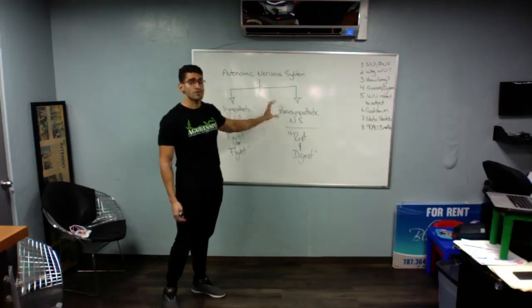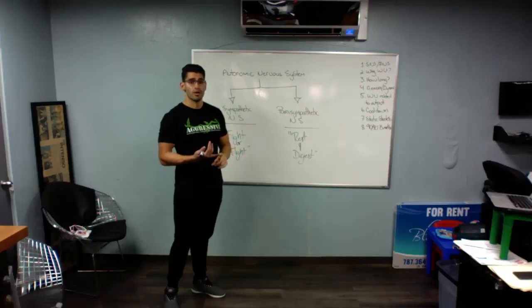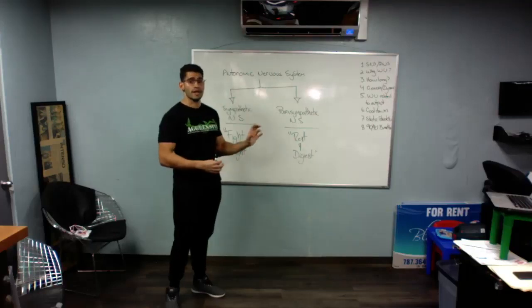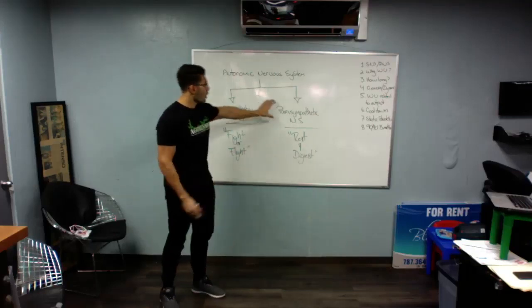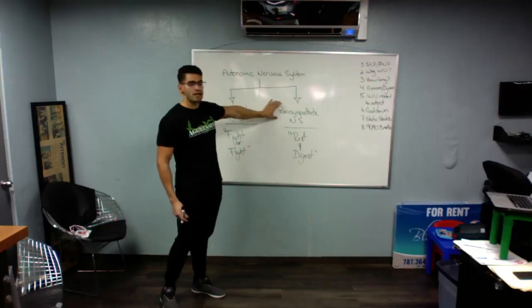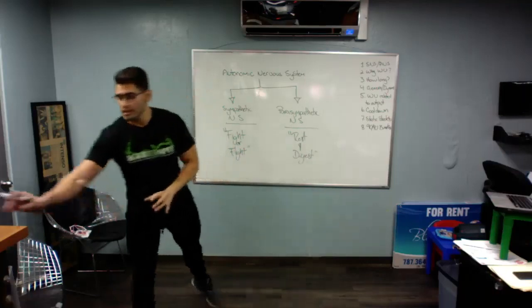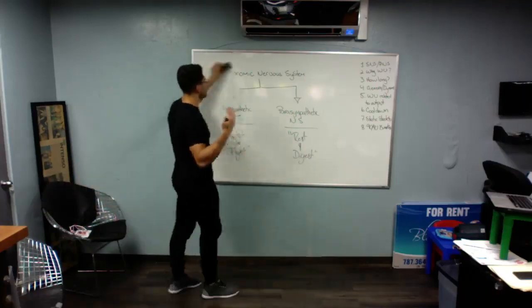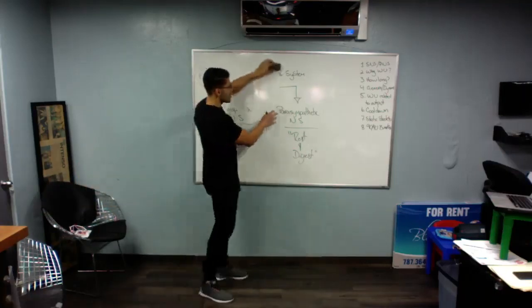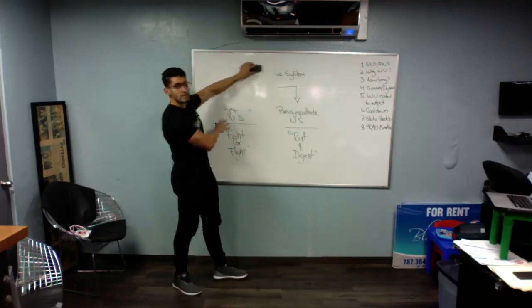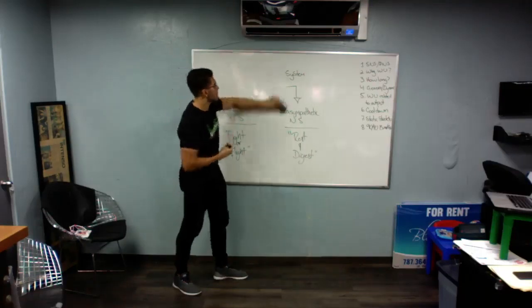That's why after the workout you stretch. I'm going to get into stretching later and how to activate the parasympathetic nervous system. So right now I'm going to leave this here. I'm going to send you notes on the parasympathetic and sympathetic nervous system so you guys can get more depth about it.